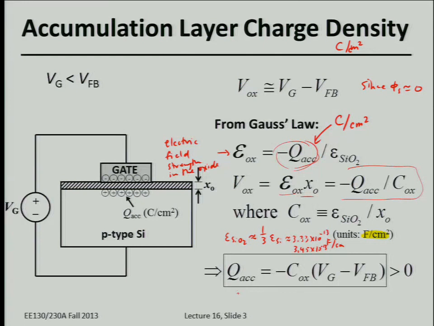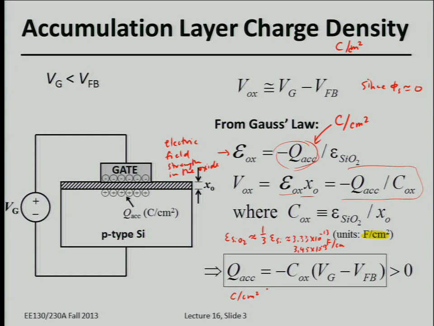Okay, so the accumulation charge per square centimeter is proportional to the oxide capacitance times a voltage. It's the voltage difference between the gate voltage and the flat band voltage. Remember, for a normal capacitor it's Q equals CV, but we're talking about small signal capacitance here.